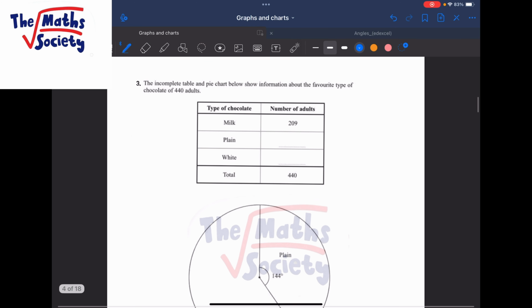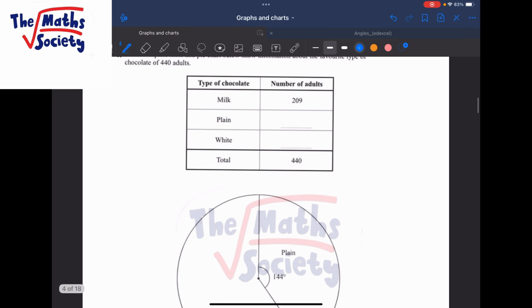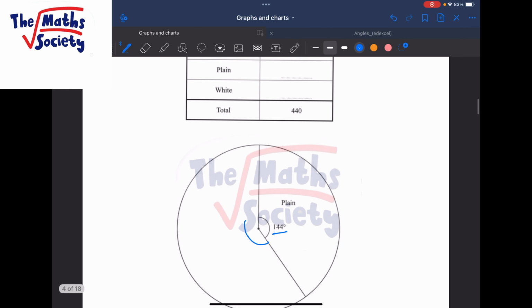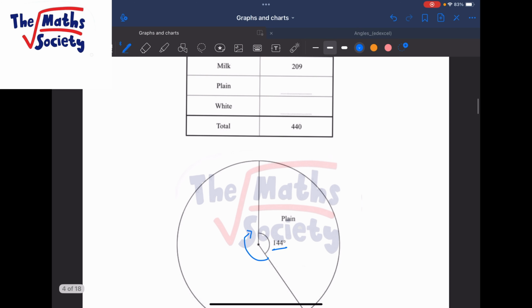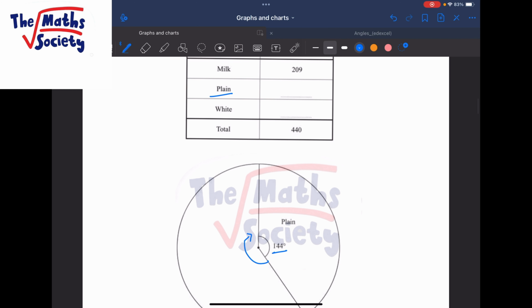So now we'll go on to question 3. It says they give you the incomplete table and pie chart. It says 440 adults. It says plain was 144 degrees, and then you have this whole thing would be considered as milk and white.